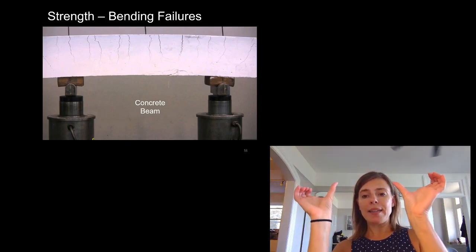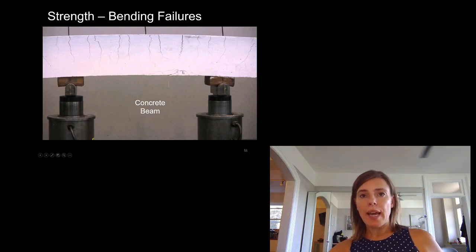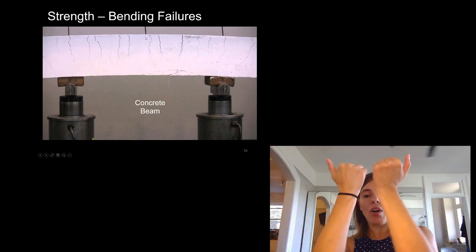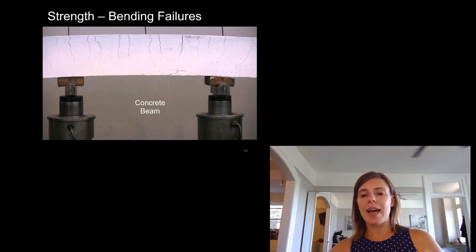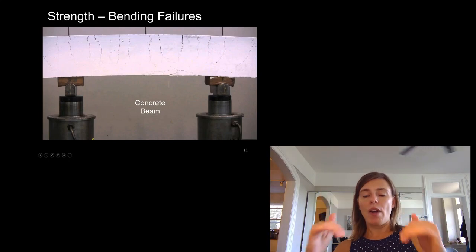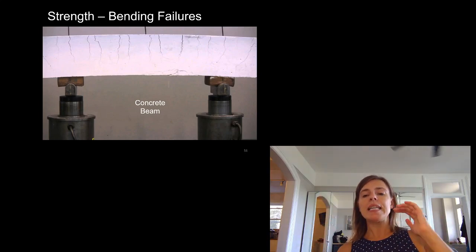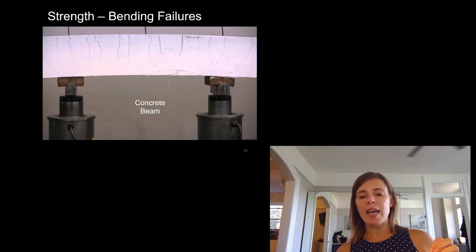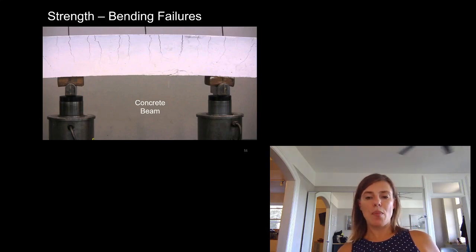And as they're bending up, you can see we're getting a little bit of compression failure here, where the concrete is crushing. And then up here, where the concrete's trying to pull apart, because that side is in tension, we're getting cracks. Concrete is terrible in tension. It is so terrible that we pretend it has zero tension capacity.